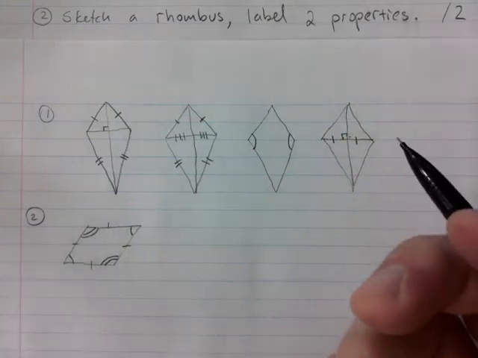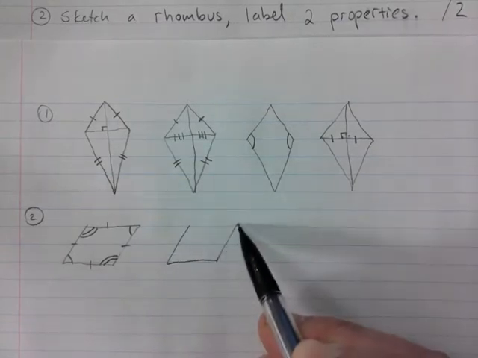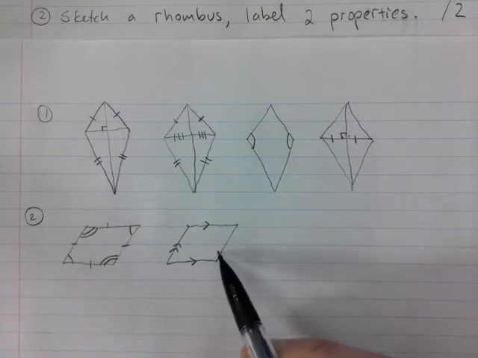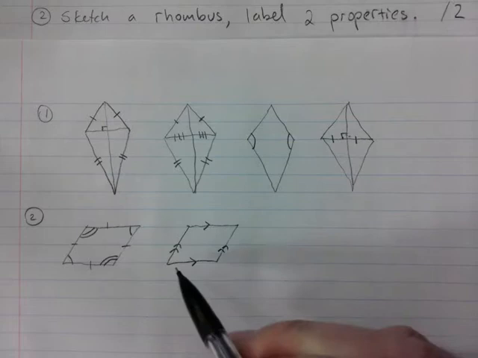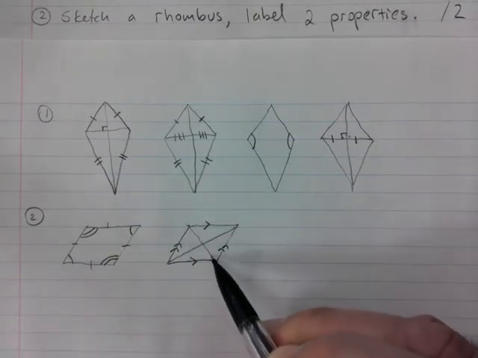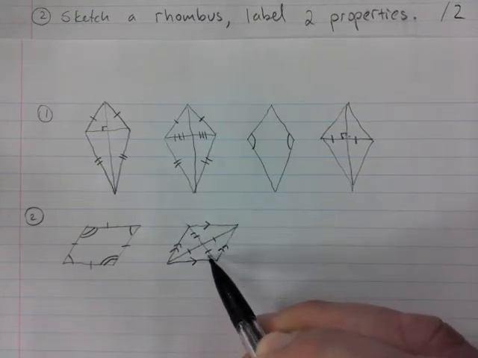This would give you 2 marks right there. If you want to have another one, and you want to talk about the fact that there are 2 pairs of parallel sides, that would be a rhombus. That's property number 1. And let's say you want to talk about the diagonals. The diagonals cut each other, they bisect each other like that.